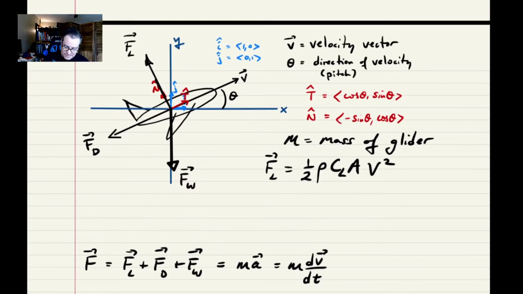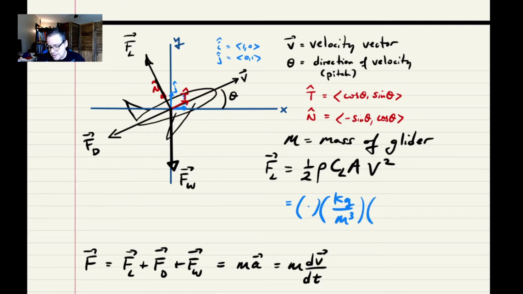Now, one thing that's interesting to do here is look briefly at a dimensional analysis of this force due to the lift to see that it is in fact a force. Looking at the dimensions of the units, the 1/2 is dimensionless. The density of the air I could express as kilograms per cubic meter.